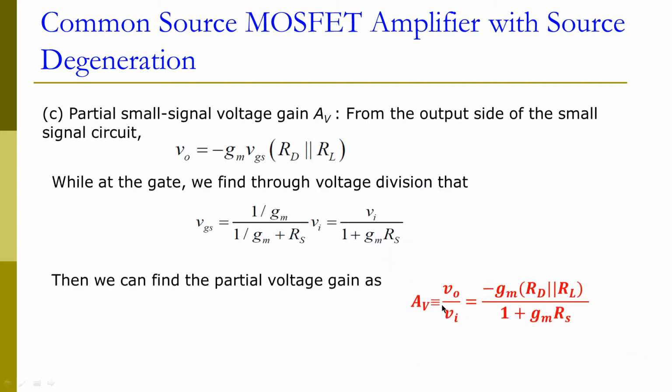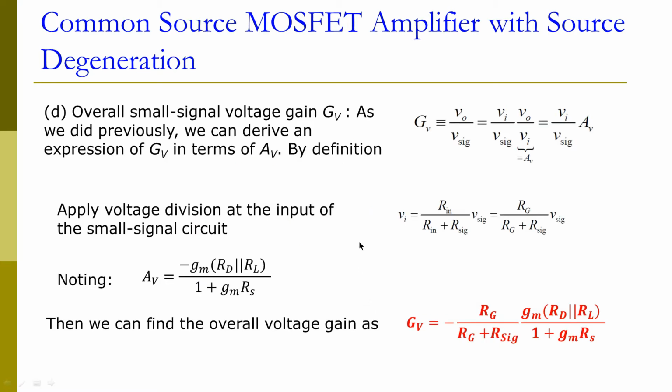So basically this is a voltage divider equation. By plugging this vgs into this output voltage, we will be able to figure out our partial small signal voltage gain Av equals negative gm (Rd in parallel with RL) divided by 1 plus gm Rs.